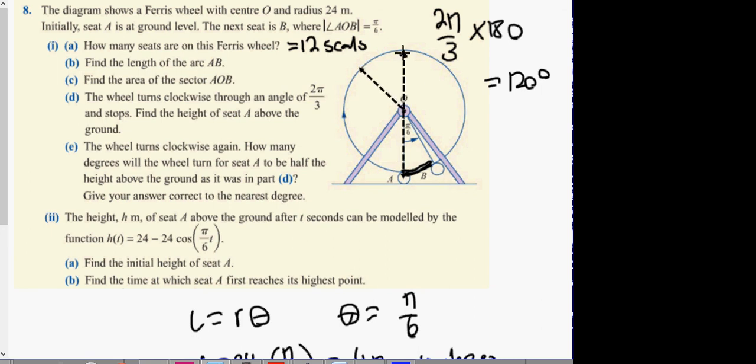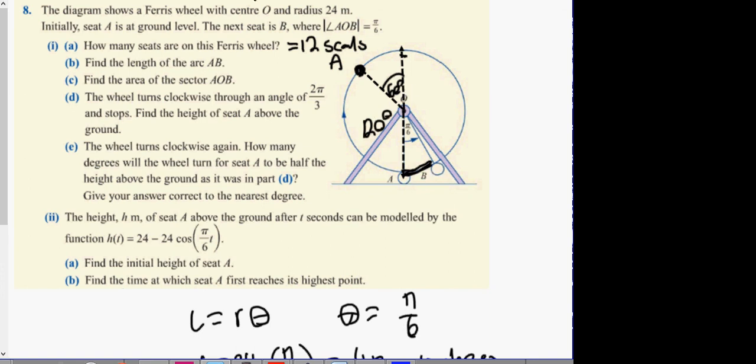Now look at this diagram here. You're currently at this point here, aren't we? You rotate up 120. Now, what angle is this in here? 60, because it's 180 in a straight angle. You rotate 120 to get here.